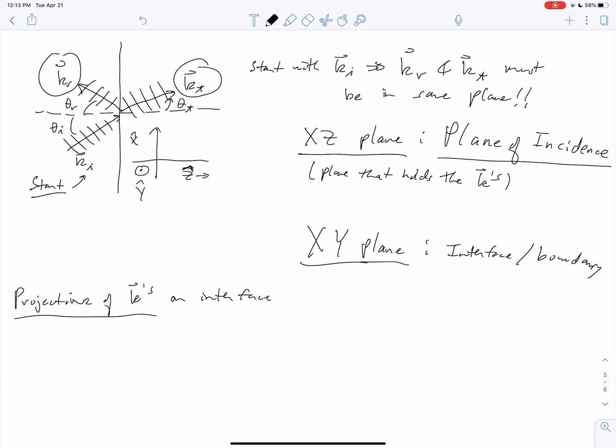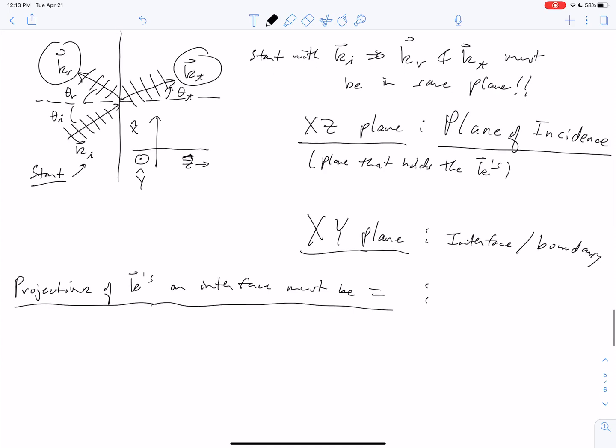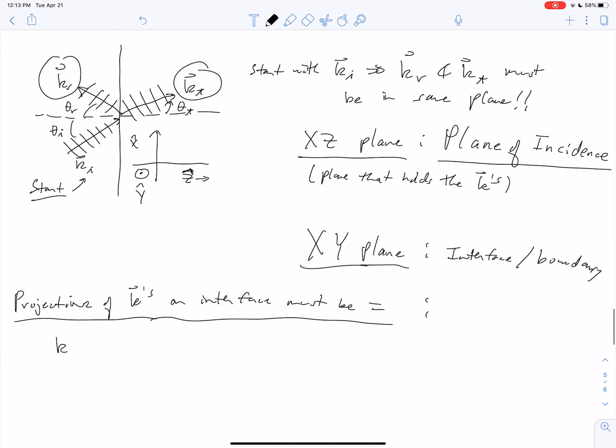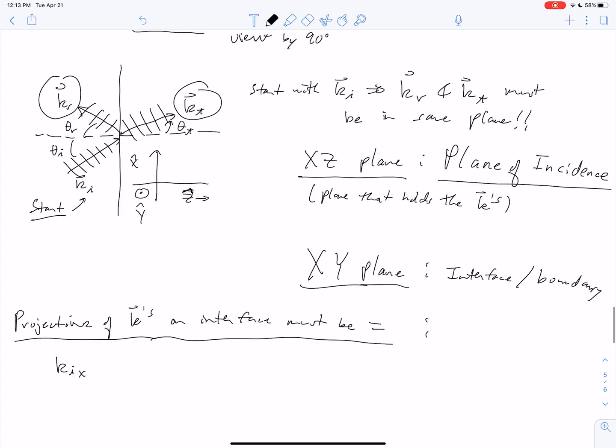We talked about that before. From this picture, the X component of the incident wave vector must equal the X component of the reflected wave vector, which must equal the X component of the transmitted wave vector.